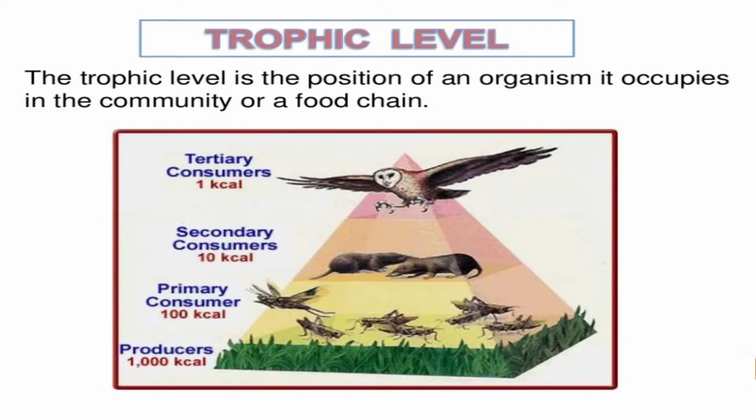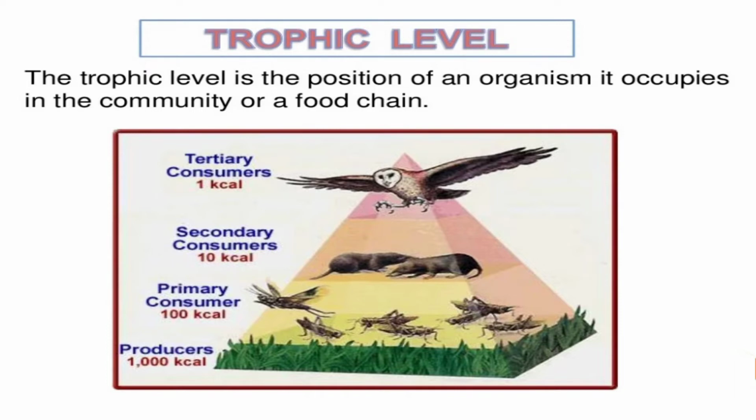There are three types of ecological pyramids. For example, number one, the pyramid of numbers. Second, the biomass pyramid, and third, the energy pyramid.